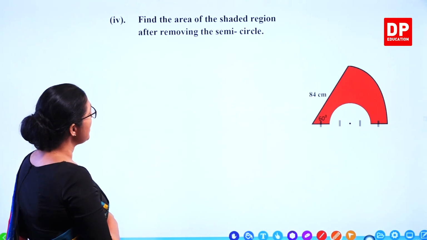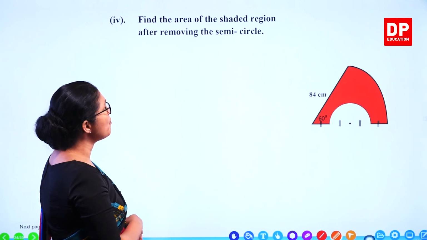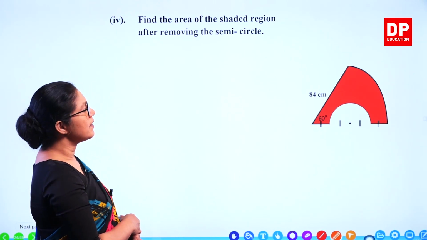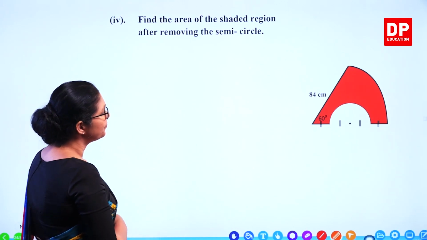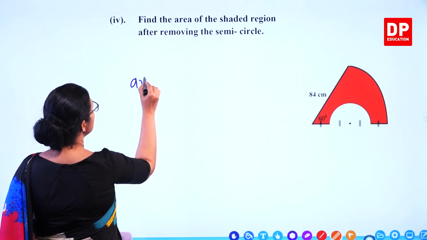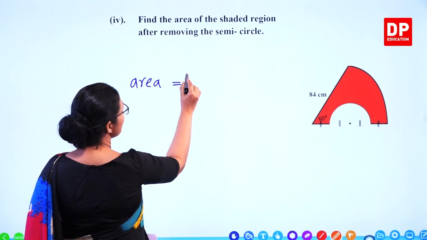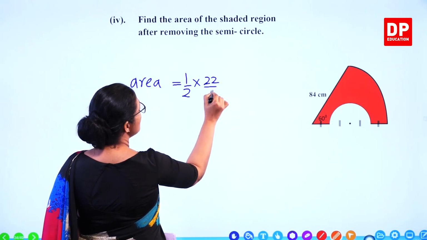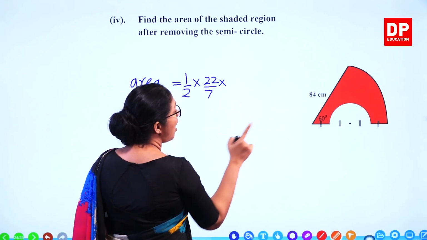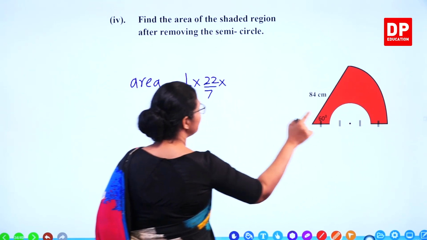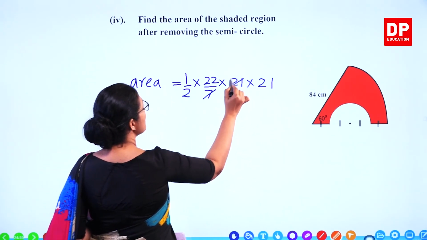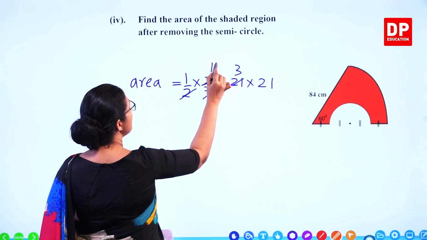Part 4, find the area of the shaded region after removing the semicircle. So that means we have to subtract the area of the semicircle. So what's the area of the semicircle? Half into pi into r squared. That's 21. 7 times 3, 2 times 11.